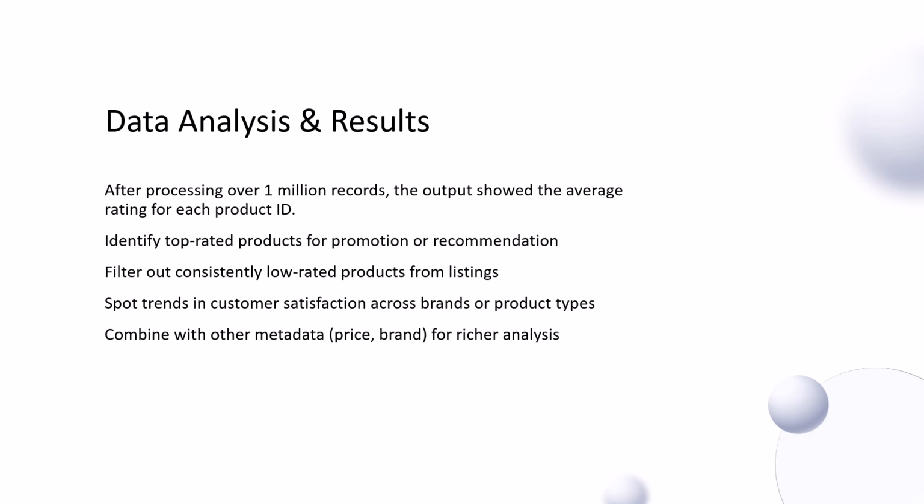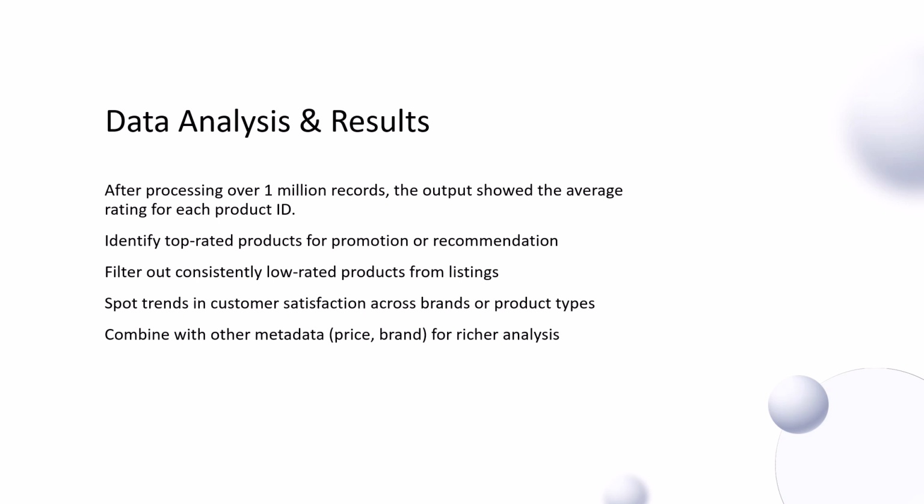We can also flag badly rated items, which might help reduce return rates or avoid customer complaints. It also helps identify patterns in customer satisfaction. Maybe certain brands or product types tend to get more and better reviews than others.